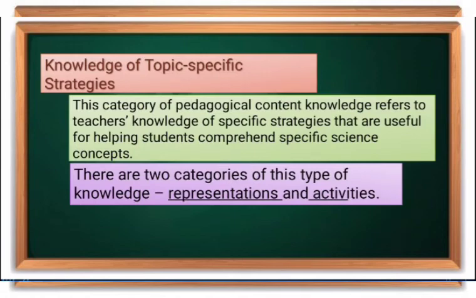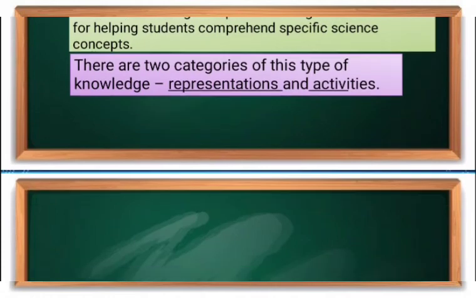Knowledge of topic-specific strategies. This category under the instructional strategies of pedagogical content knowledge refers to teachers' knowledge of specific strategies that are useful for helping students comprehend a specific science concept. There are two categories of this type of knowledge: representations and activities.